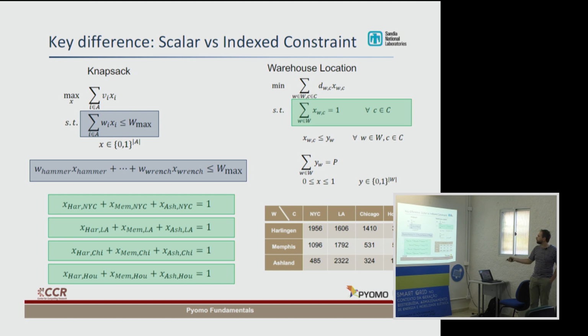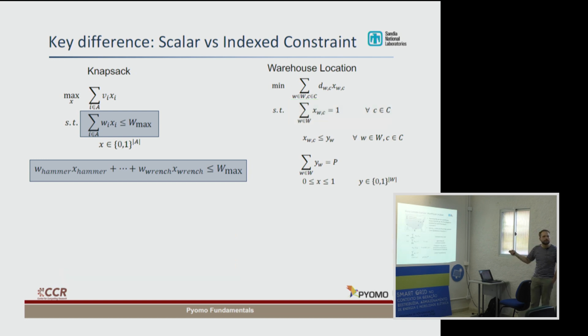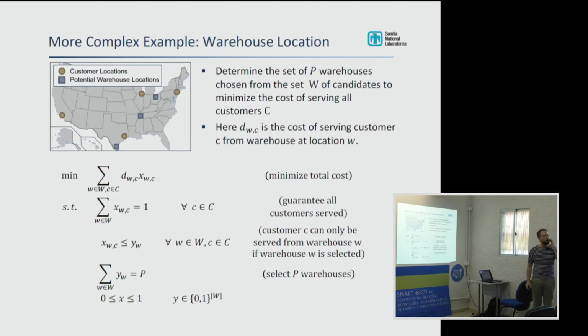So what's the class of this problem? We have variables that are both integer and linear or continuous, and we have an objective and constraints that are linear. So which family of problem is it?